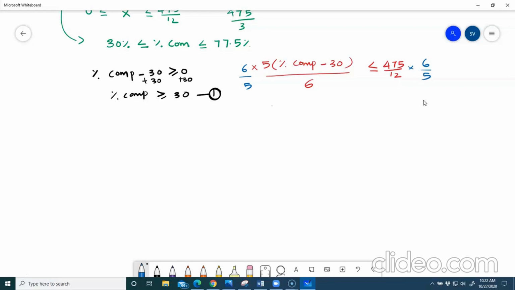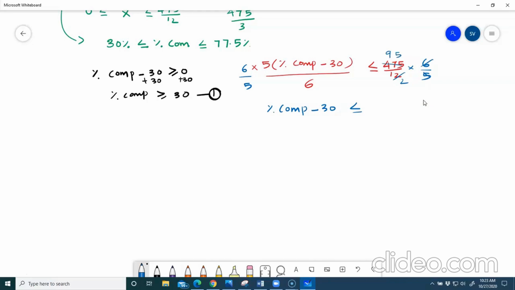So the left side is percentage of completion minus 30, less than or equal to, and we can simplify this. I believe it is 95.